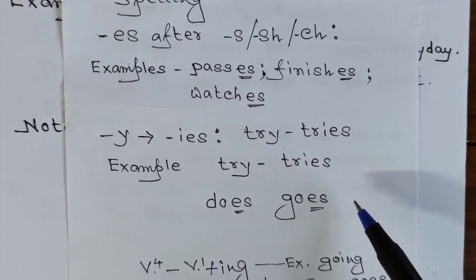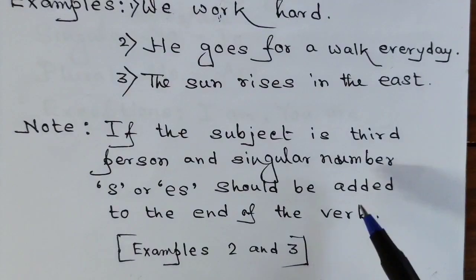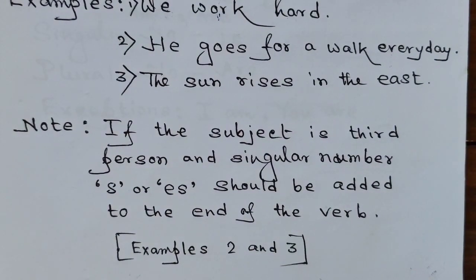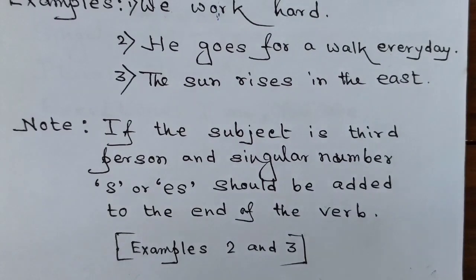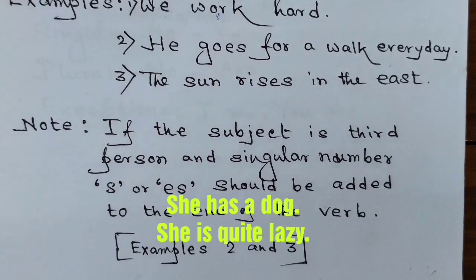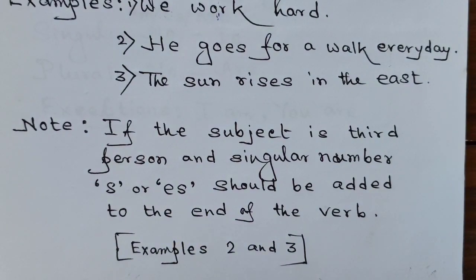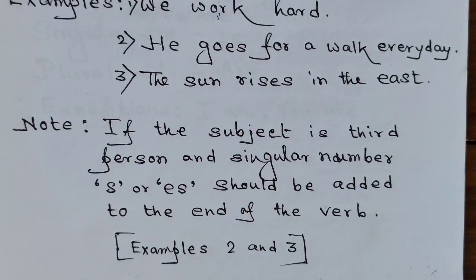Okay, now I would like to tell you a piece of information. Sometimes we have expressions like she has a dog or she is quite lazy. You know, sometimes initially some students might get confused. They might think that these are the examples of present continuous tense as is there out of am, is, are, and sometimes as have or has is used in some sentences, they think that this is an example of present perfect tense, but actually it is not so.